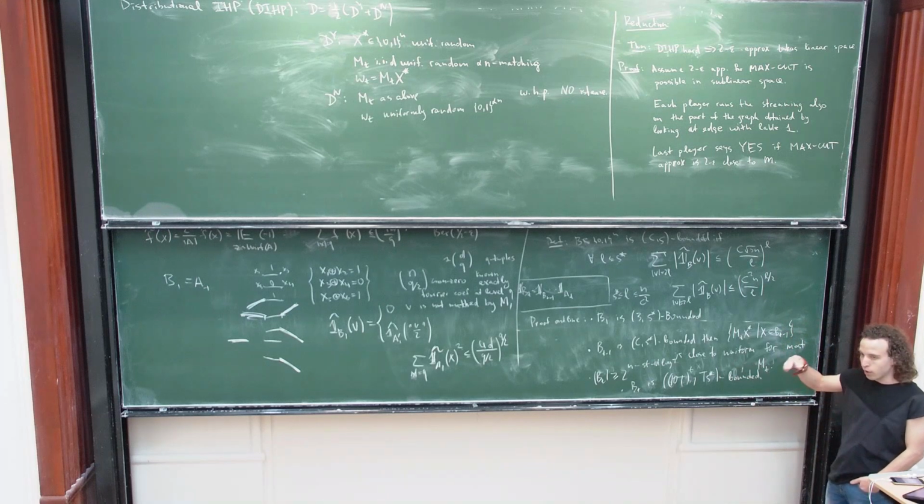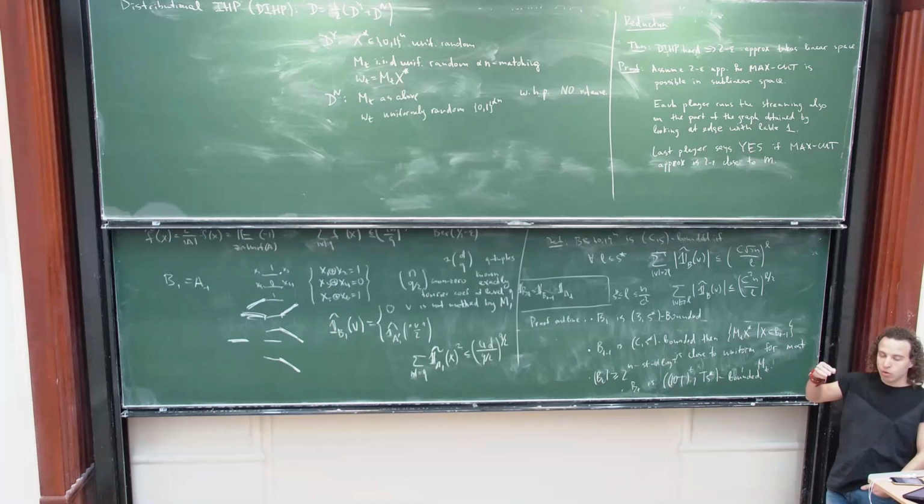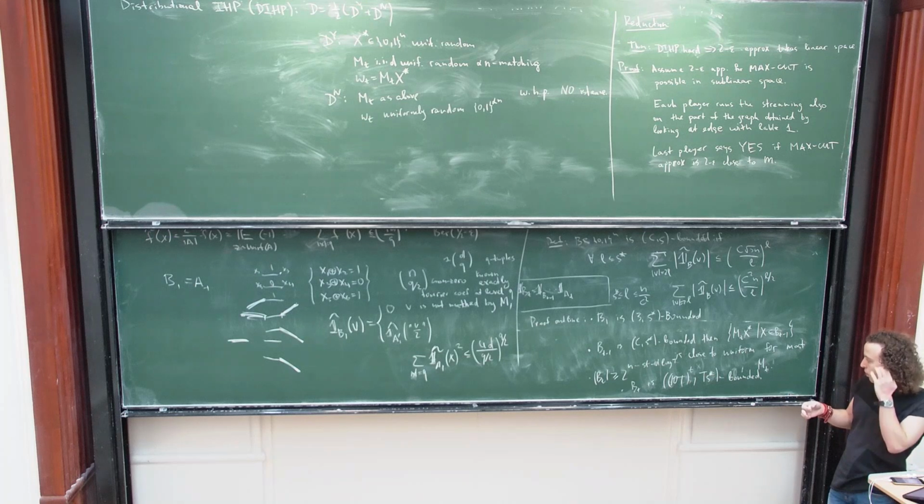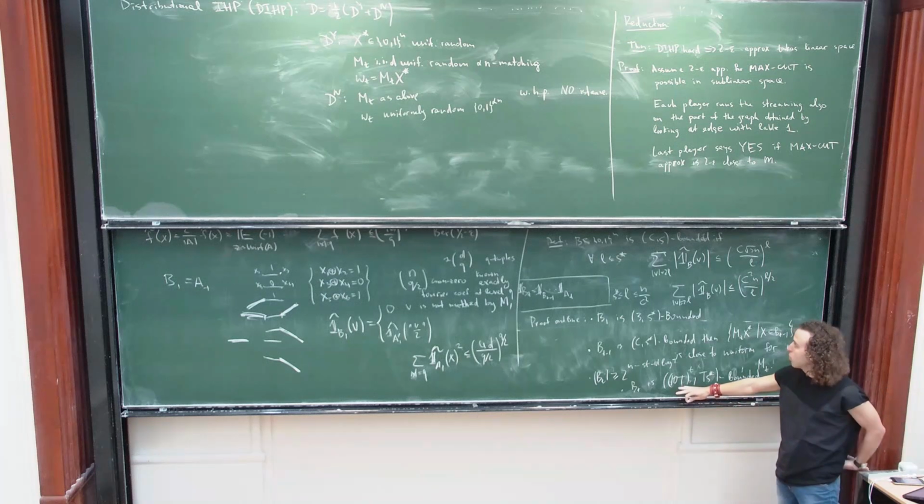So somehow each next player, when it speaks, the next player gets a bit more information, and the bound on the Fourier coefficient becomes a bit looser, but it's still only a constant, right?